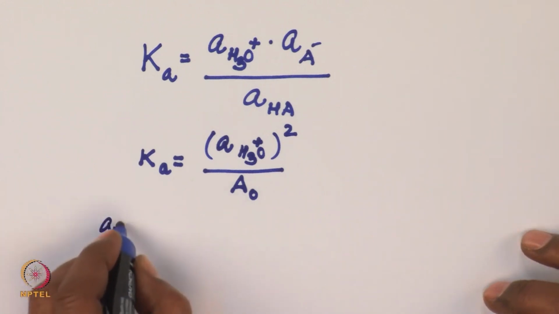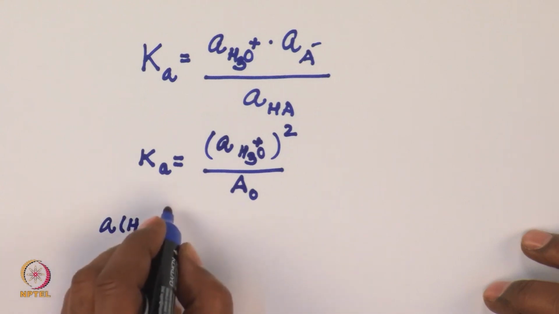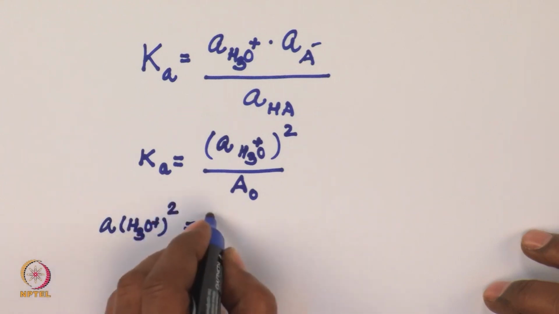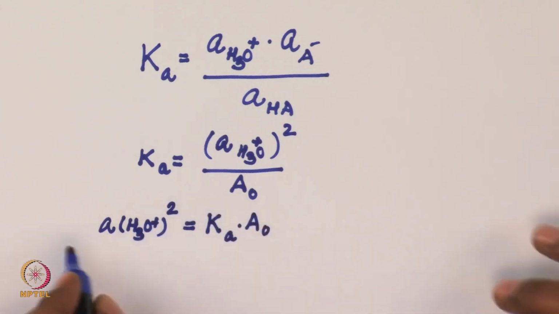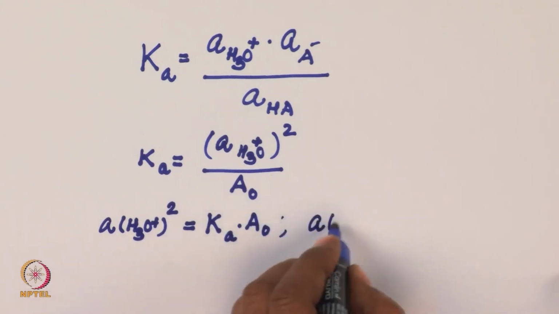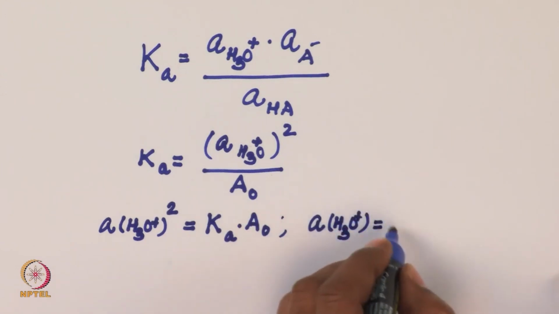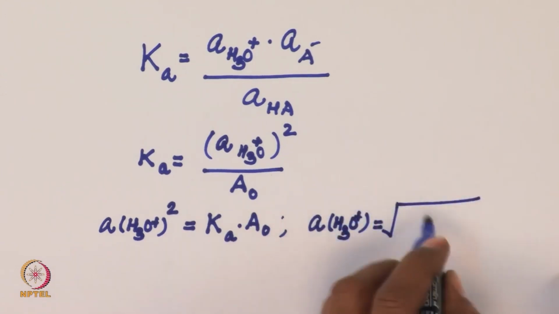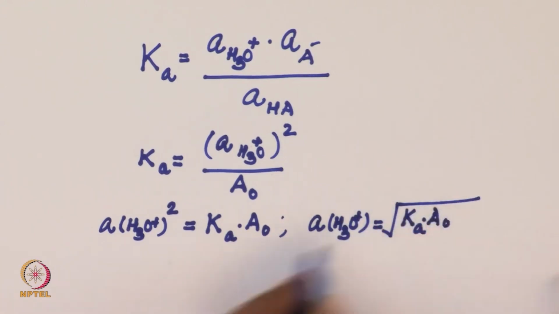So, activity of H3O plus square is equal to acidity constant into A0, and this is the same as this equation: H3O plus is equal to square root of acidity constant into A0.